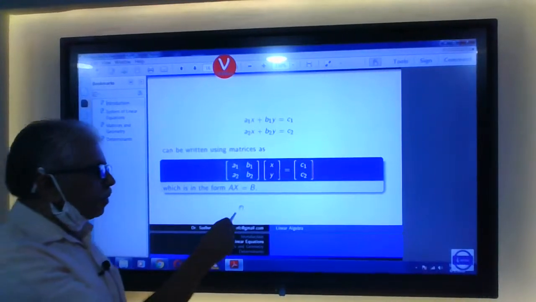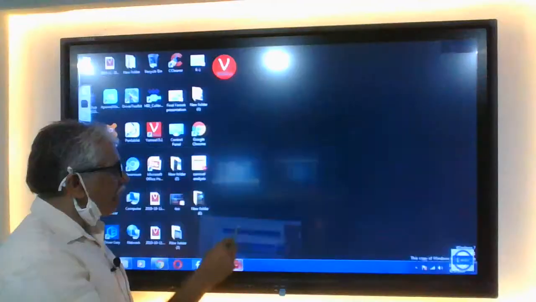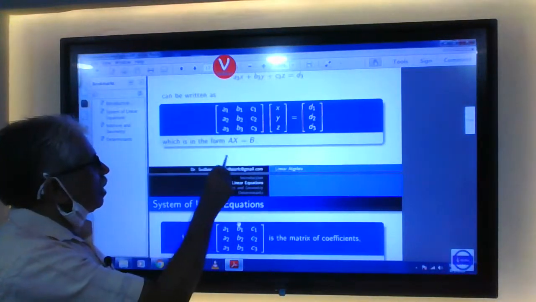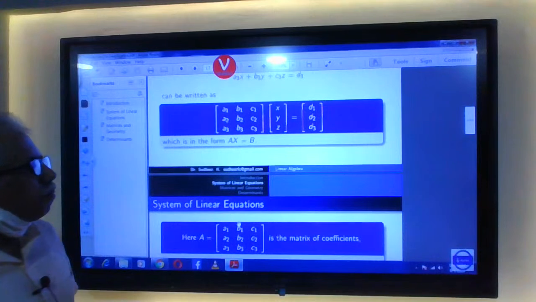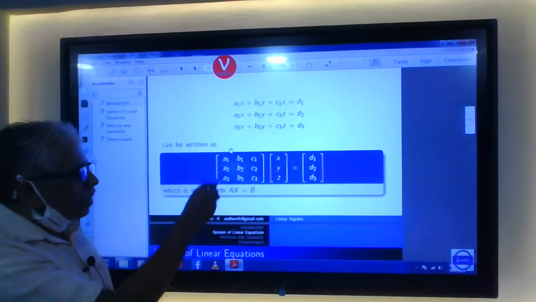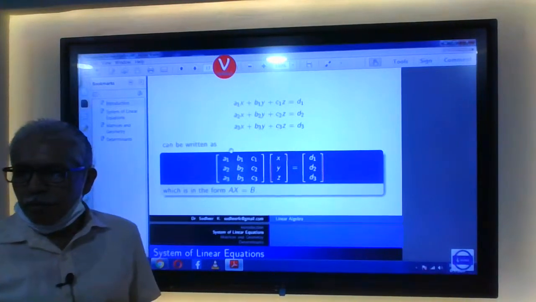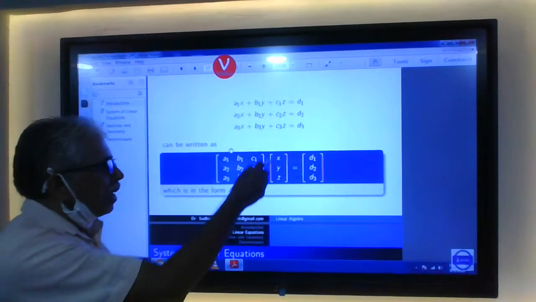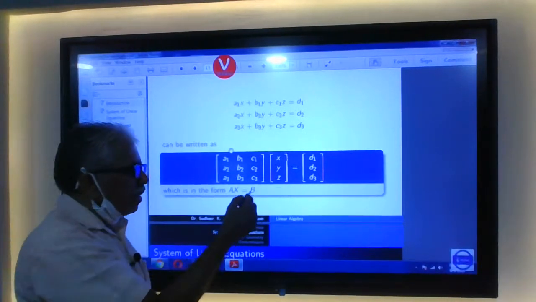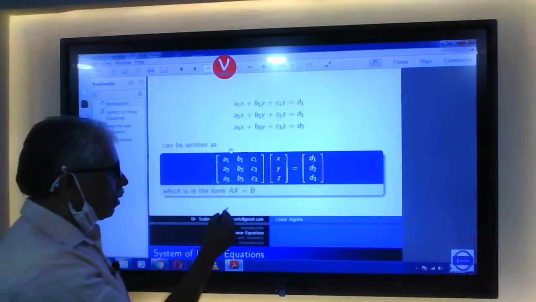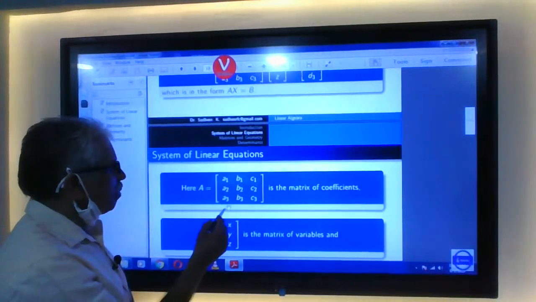If three linear equations are taken, the corresponding form will be AX equal to B, where A is the matrix A1, B1, C1, A2, B2, C2, A3, B3, C3, X is the matrix X, Y, Z, and B is the matrix D1, D2, D3. So this is the way you write.